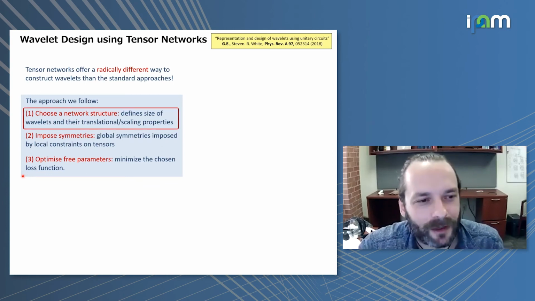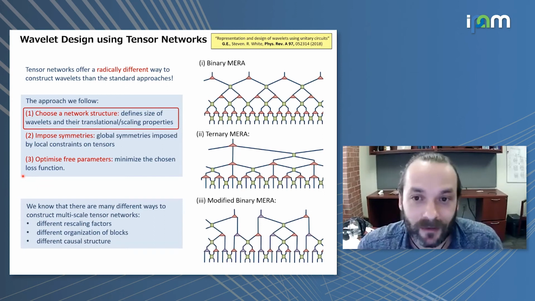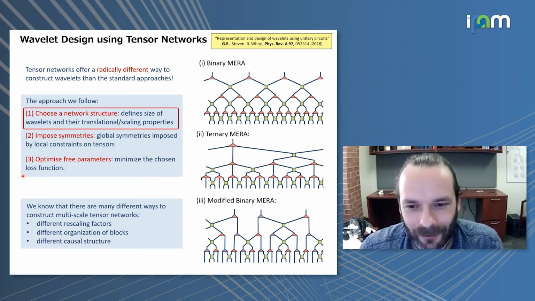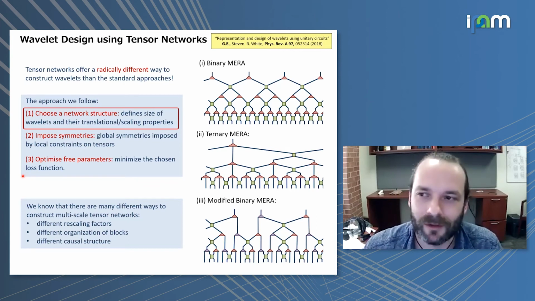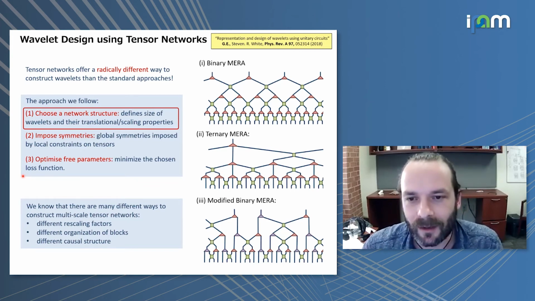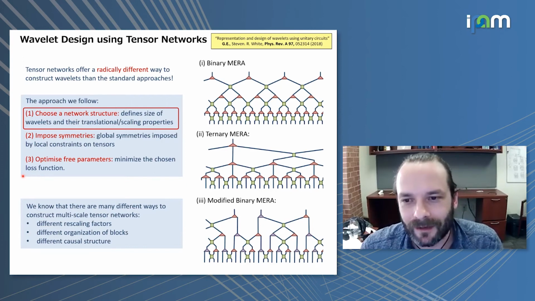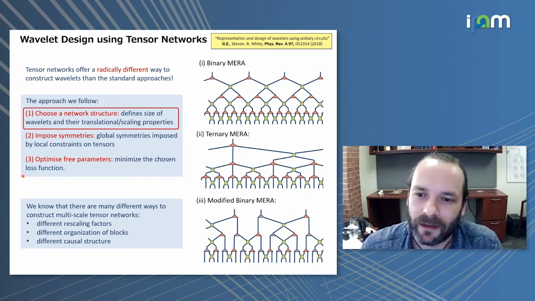Okay, so first we're going to choose a network structure. In terms of, say, designing MERA, I worked a lot with MERA in my PhD, and this was something we looked at extensively, the different types of circuit I could construct. These represent different rescaling factors, different organization of the blocks, different causal structures, and these have some common properties, but also differ in their fine details.